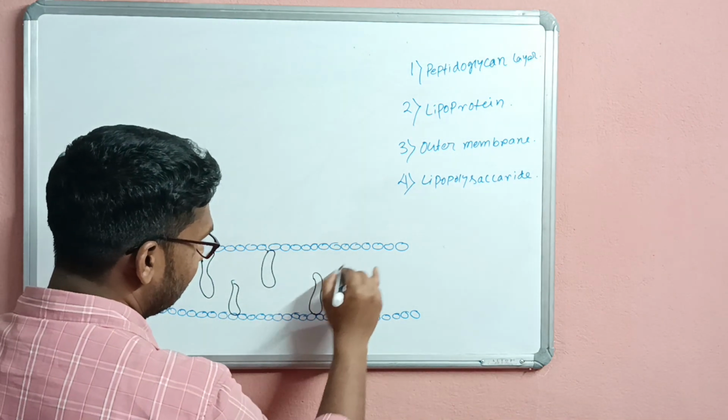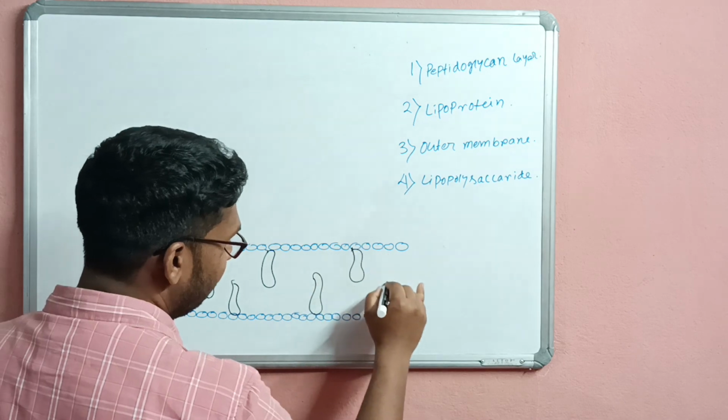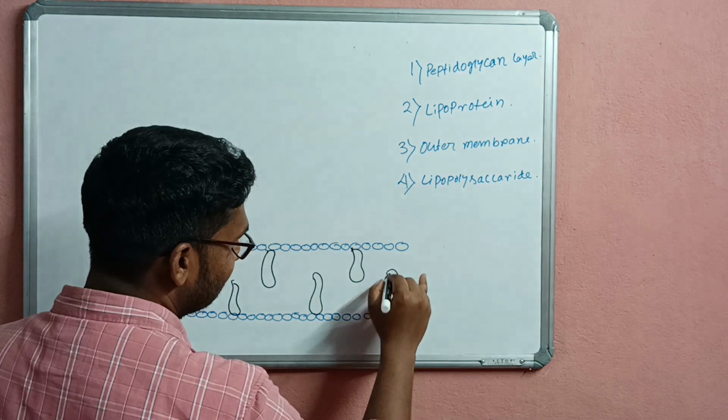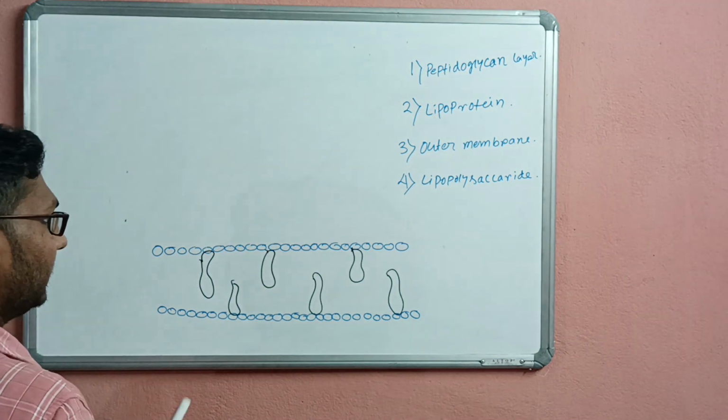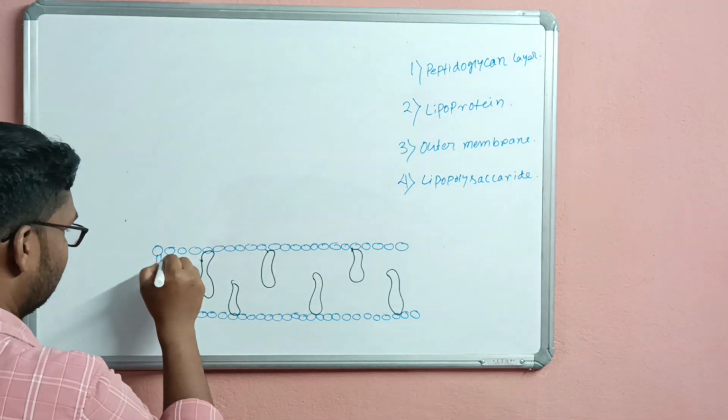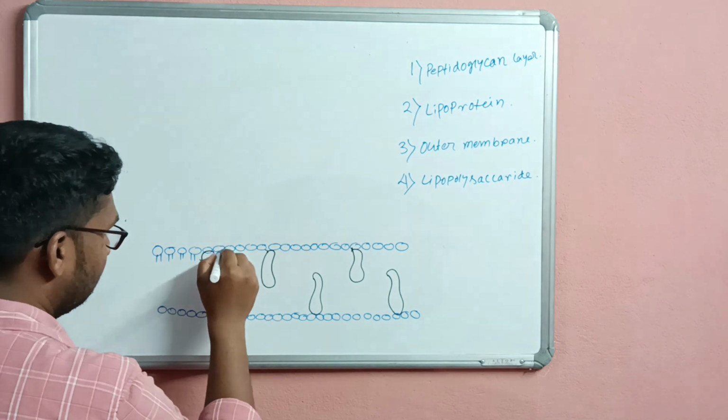We draw the picture of protein and lipid, and this is called the cytoplasmic membrane.